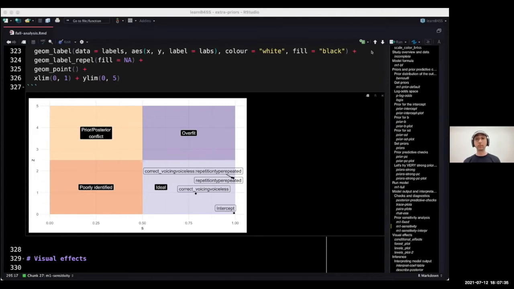It's not a problem if you have it, but you have to remember that if you're overfitting the intercept, it means that in fact, the real value might be slightly somewhere else. The real issue is when all of the parameters are in the overfit quadrant.